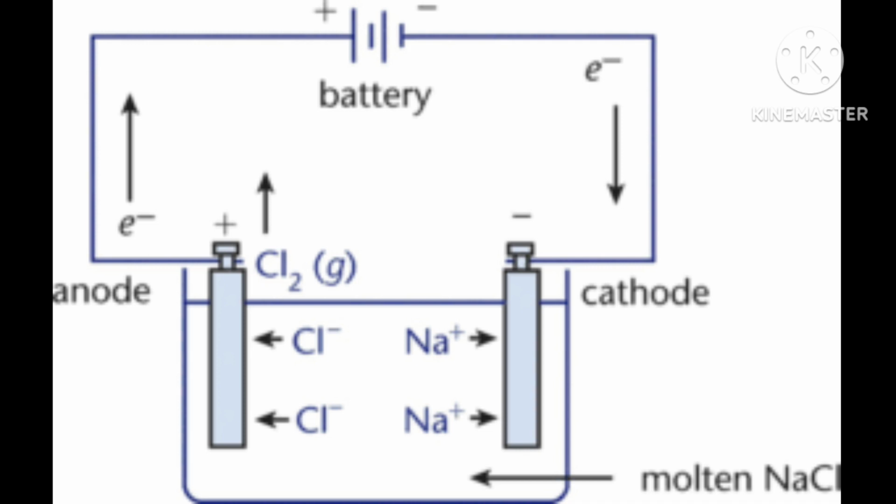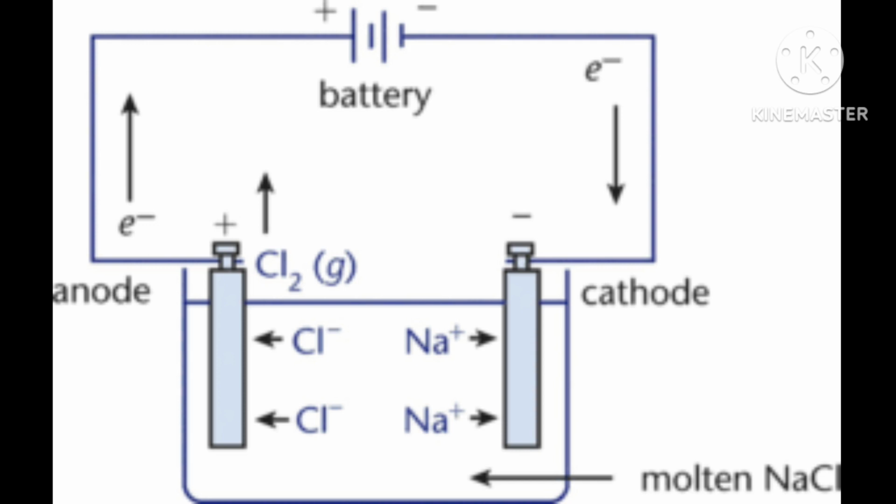Now, the reaction with the higher value is preferred. This is the rule. Don't forget: the reaction with higher value of E is preferred, and therefore the reaction at the cathode during electrolysis is H+ plus 1 electron giving half H2, because it is 0. 0 is more than minus 2.71 volt.